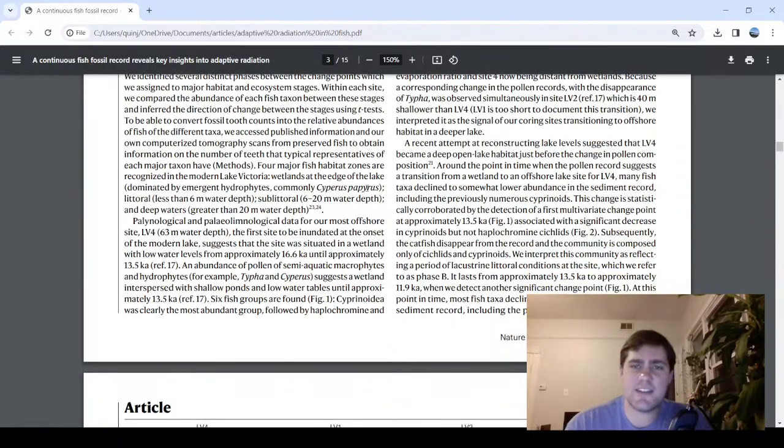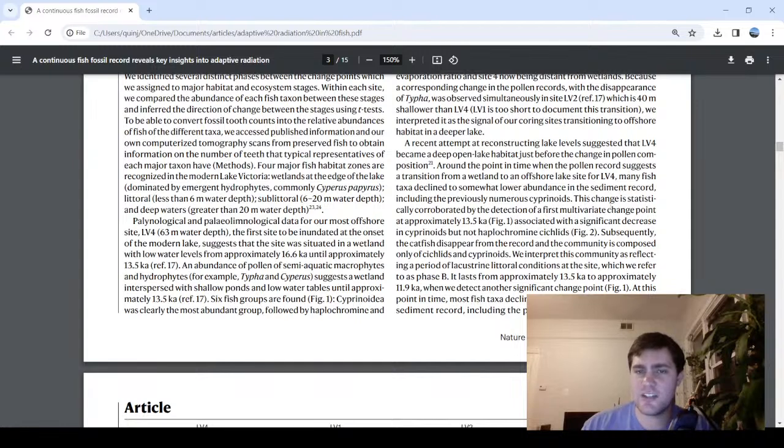A recent attempt at reconstructing lake levels suggested that LV4 became a deep open lake habitat just before the change in pollen composition. Around the point in time when pollen records suggest a transition from a wetland to an offshore lake site for LV4, many fish taxa declined to somewhat lower abundance in the sediment record, including the previously numerous cyprinoids.